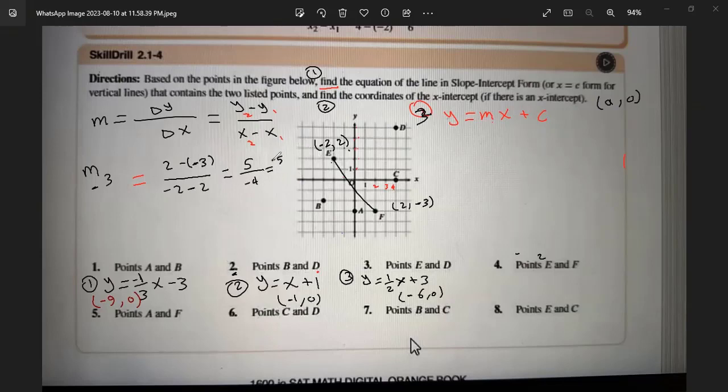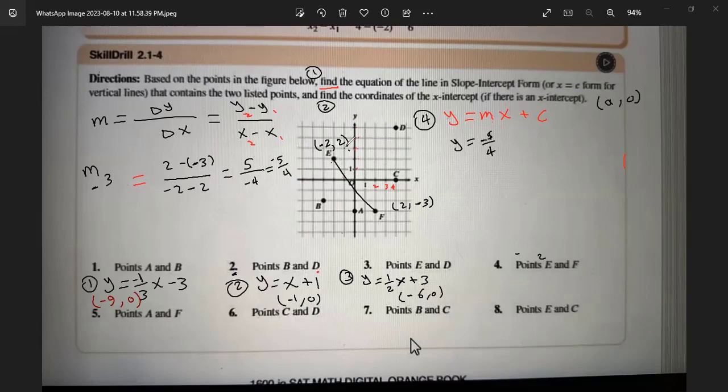The slope is -5/4. Now for number 4, we have our slope here, y equals -5/4.